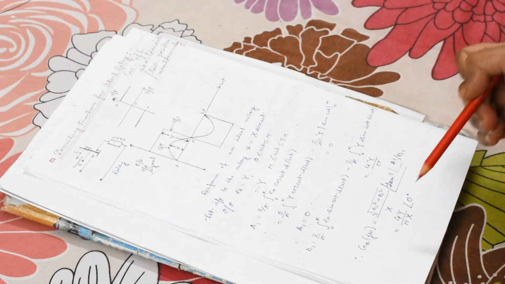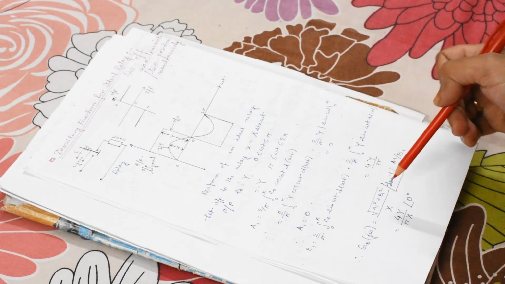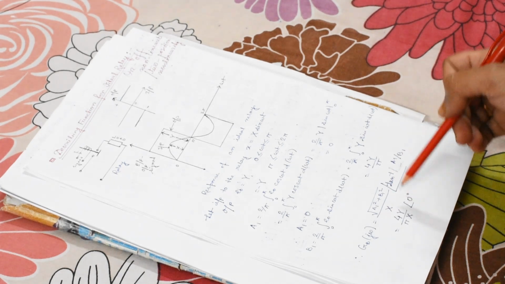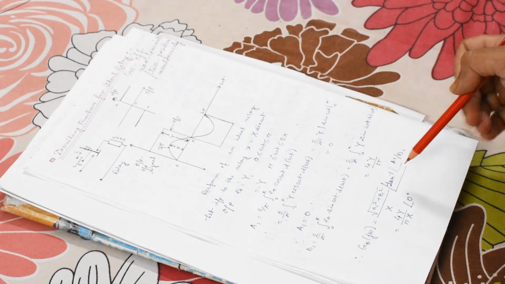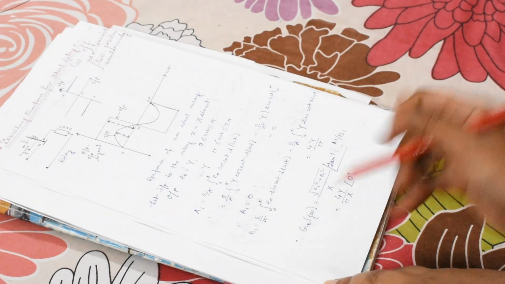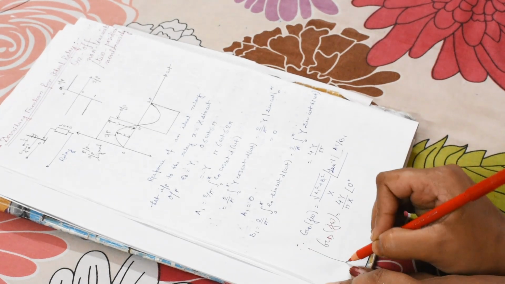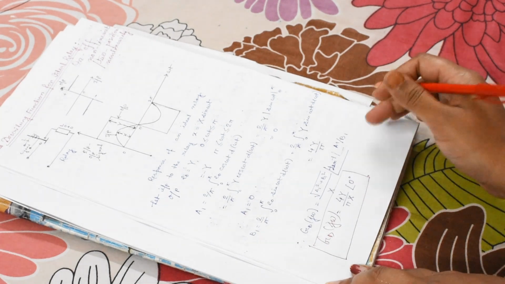Then we get the describing function G_D(j omega), which is the square root of A1 squared plus B1 squared, divided by X, at an angle tan inverse of A1 by B1. So here G_D(j omega) is 4Y by pi X at an angle of 0 degrees.